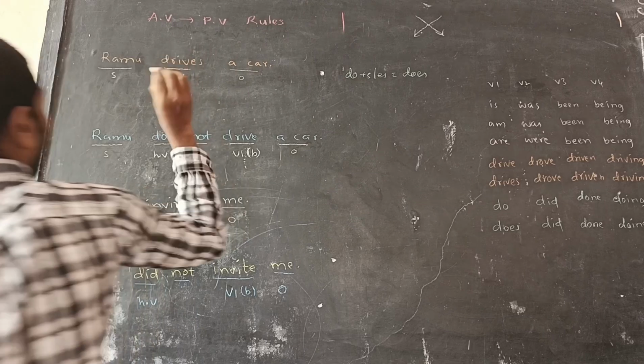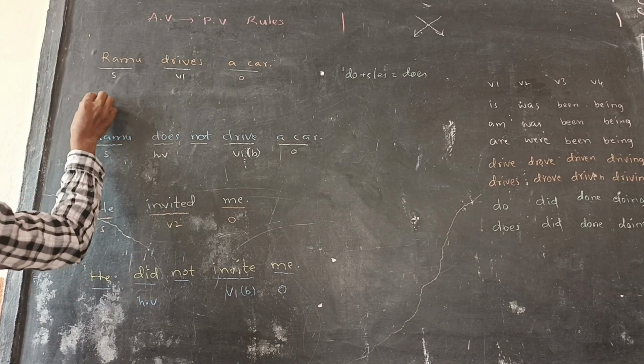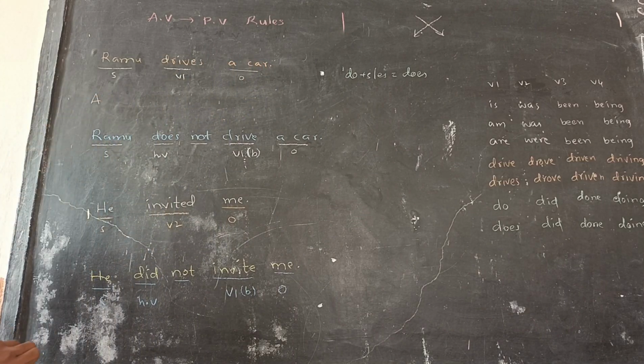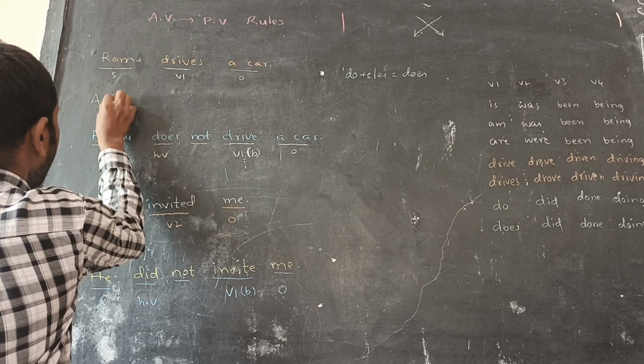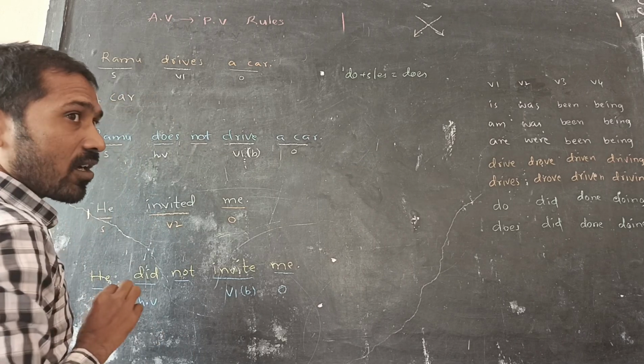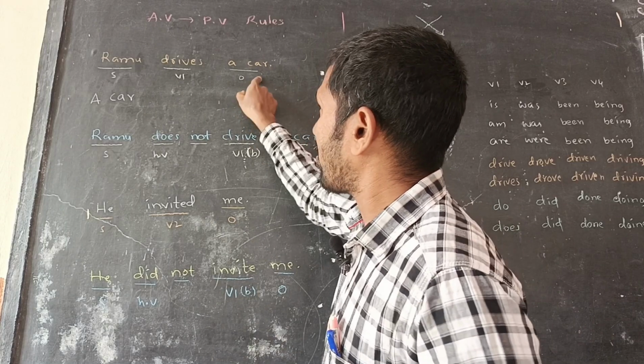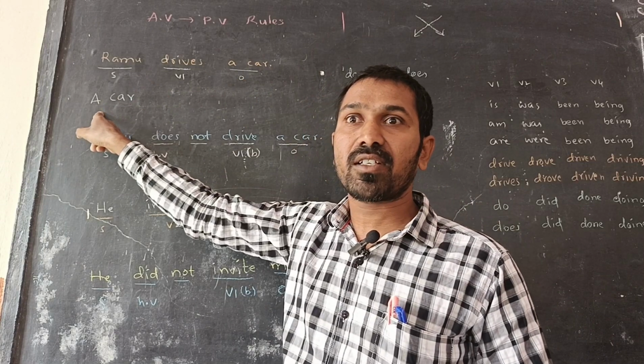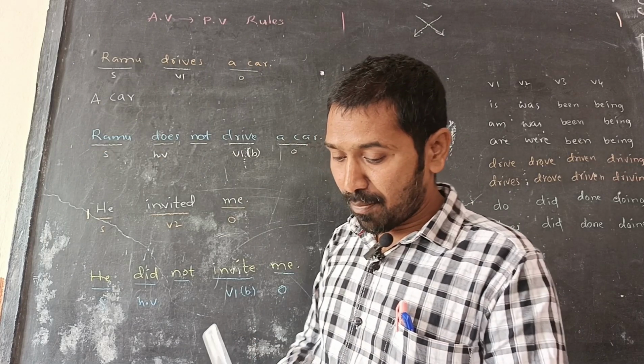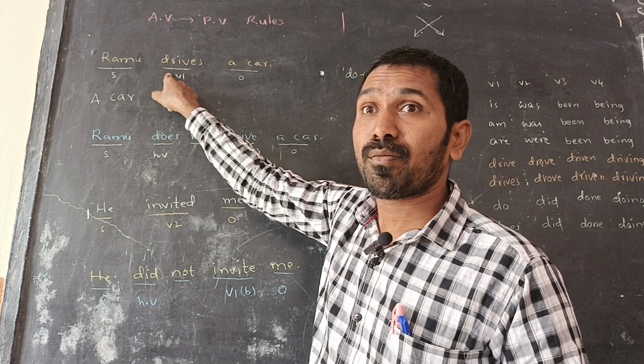Cross symbol. Right. Now, object to subject. Step number 1: a car. First the object is changed to subject. A car. Then next, now this is V1. Okay now.